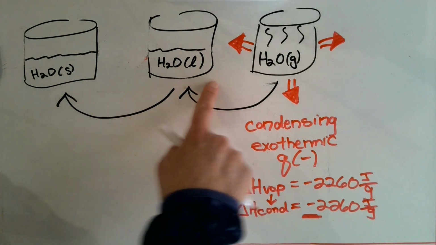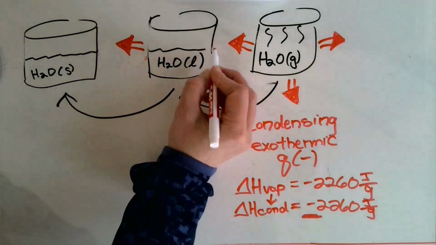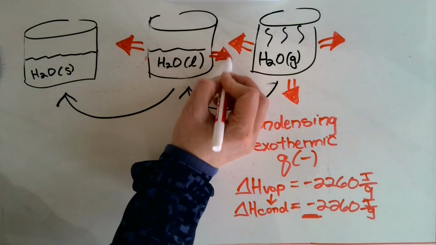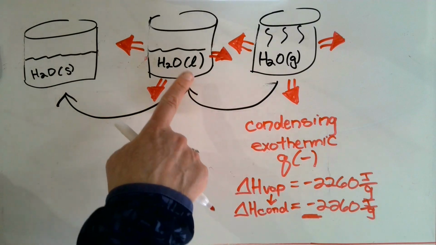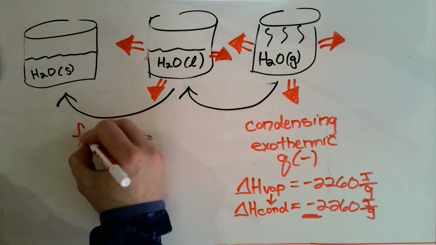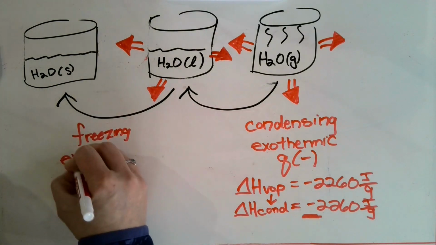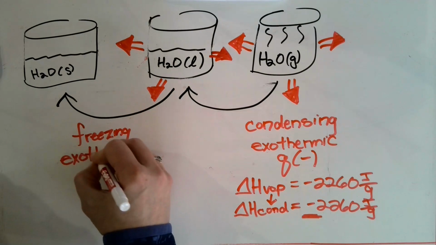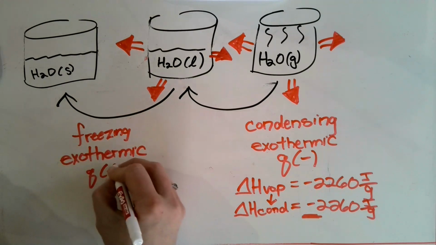Now, if we want to go from a liquid to a solid, same thing. You need to remove heat. And that's what your freezer does. So if I want to go from a liquid to a solid, I'm freezing. And since heat is being removed, that too is exothermic. So my Q will be negative.